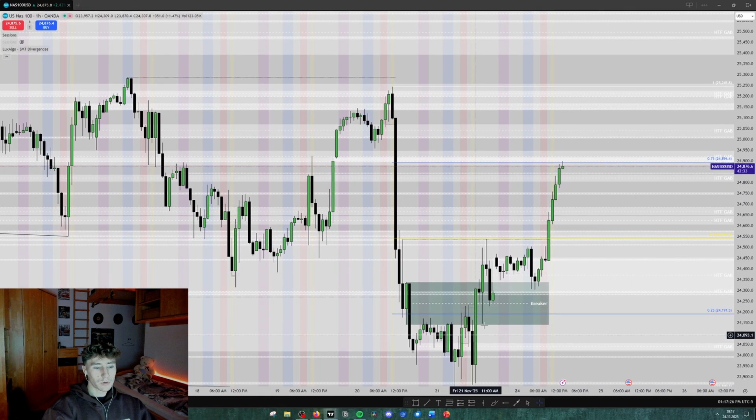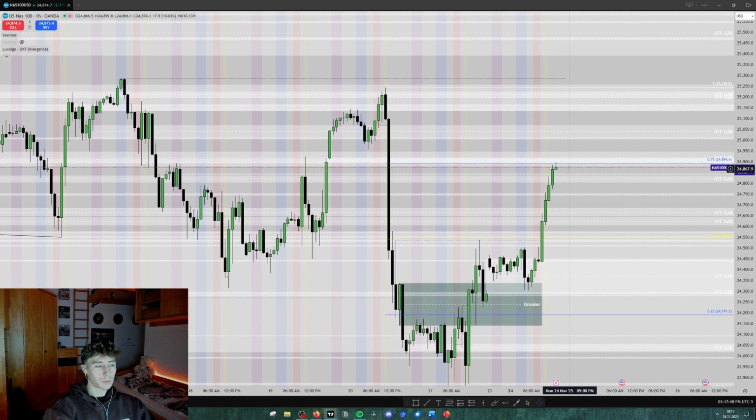Because if we trade only a retracement, we would retrace from here, so reverse from here. But if we are in a market maker buy model, we will expand higher. Nevertheless, even if the market maker buy model is valid, the upper quadrant is still a really important draw for price.